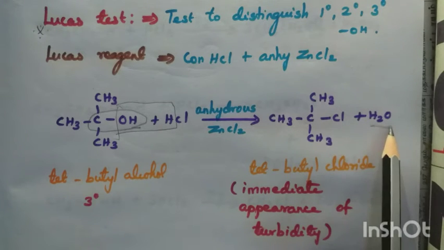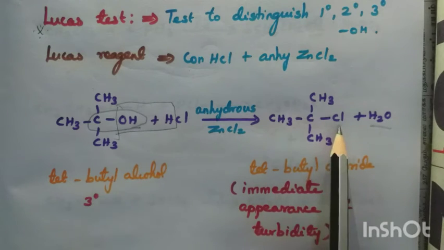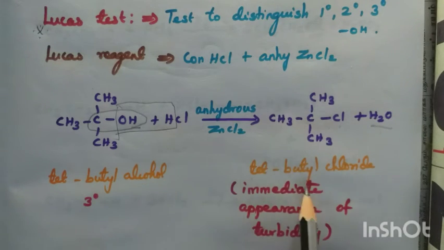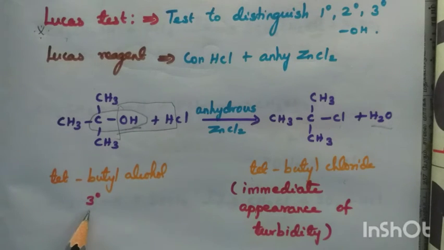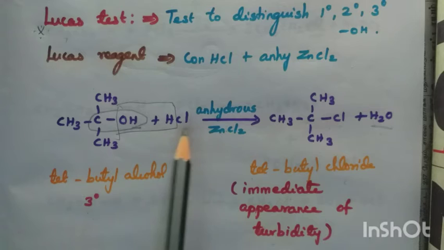Water goes out, no? Instead of OH, we put Cl. So now we get tertiary butyl chloride. In the Lucas test, tertiary alcohol forms turbidity immediately with anhydrous zinc chloride and concentrated HCl.